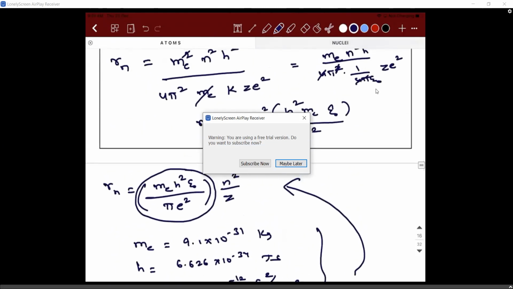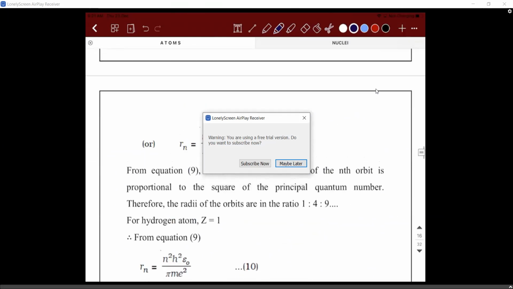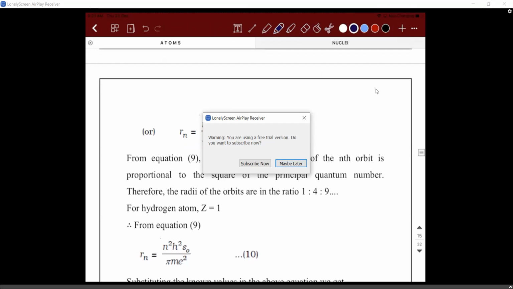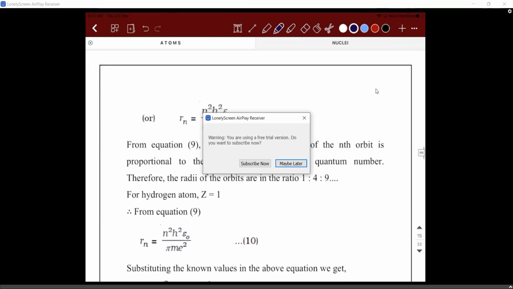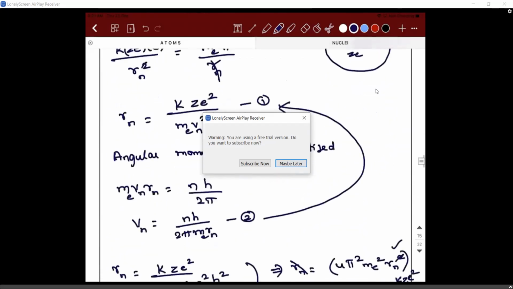This is what we got, right? n square h square, m e into... one minute. I think there was a mistake in yesterday's derivation. m e was supposed to come in the denominator, right?